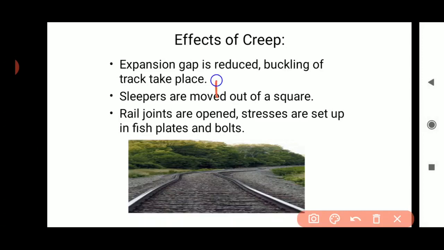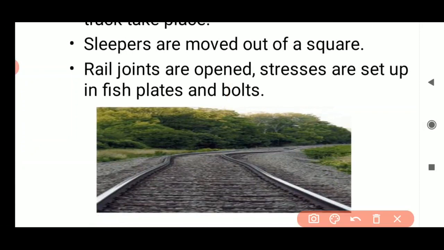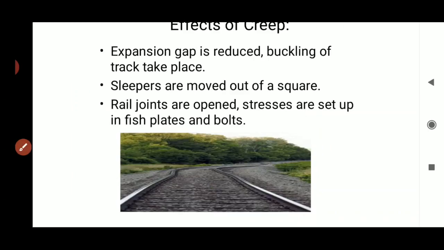Here you can see how the rails are buckled in the lateral direction. Then the next point is sleepers are moved out of square.